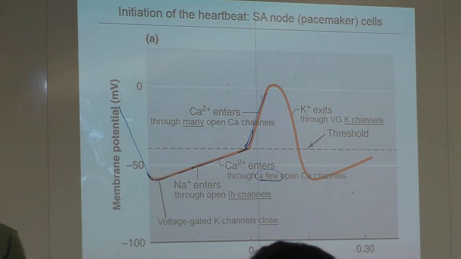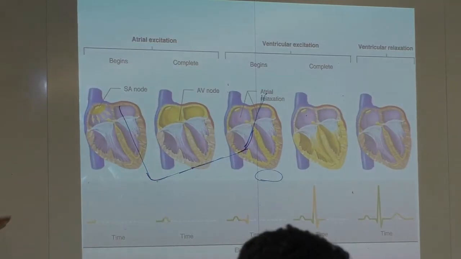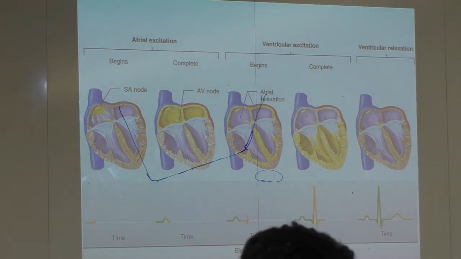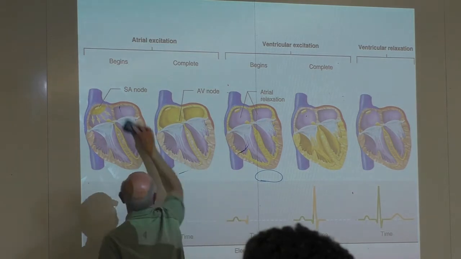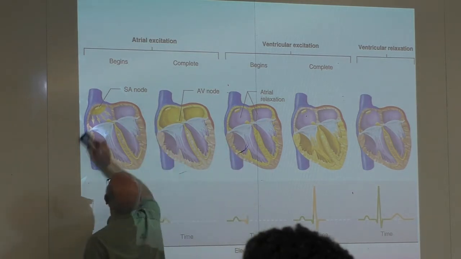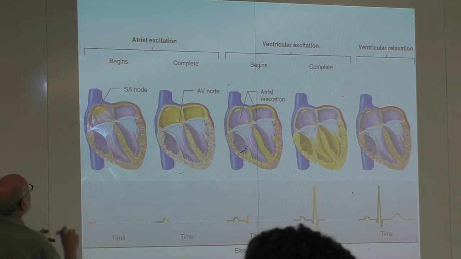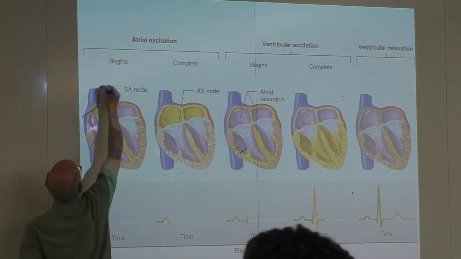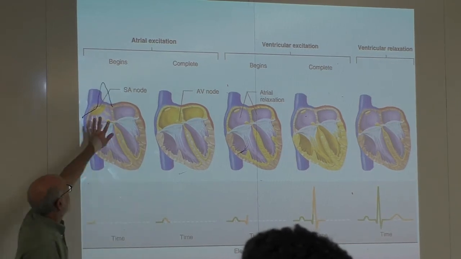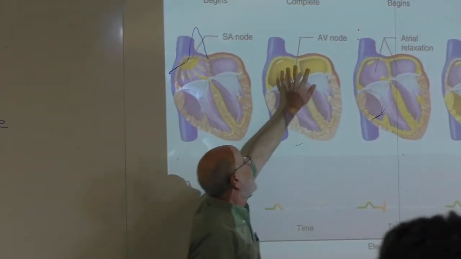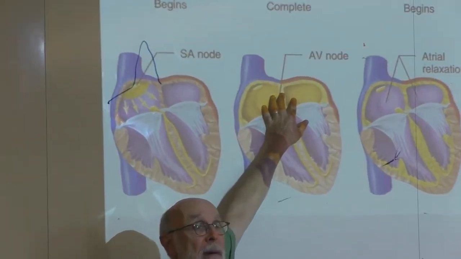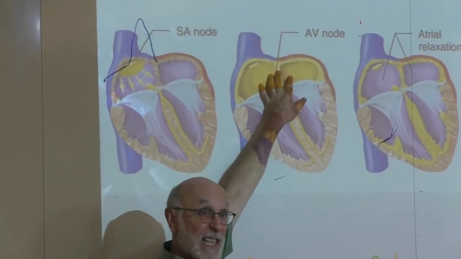So now that action potential in the SA node spreads throughout the atrium because of gap junctions. Now we're here. We're talking about atrial systole.